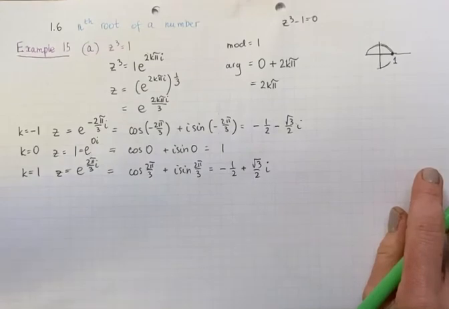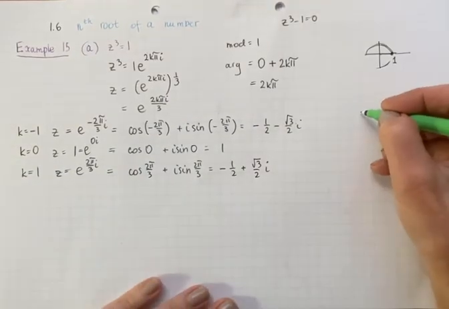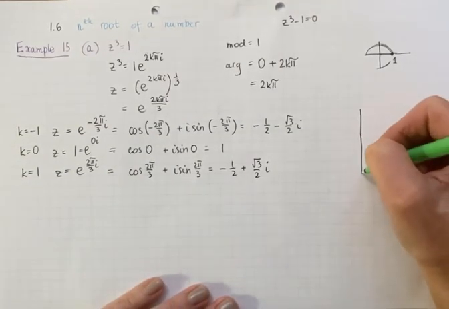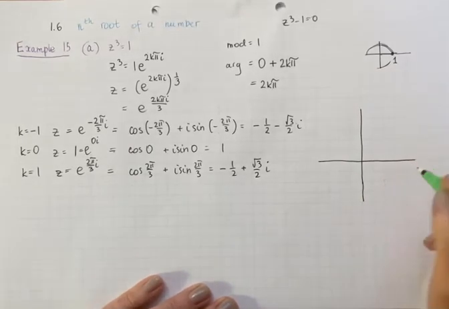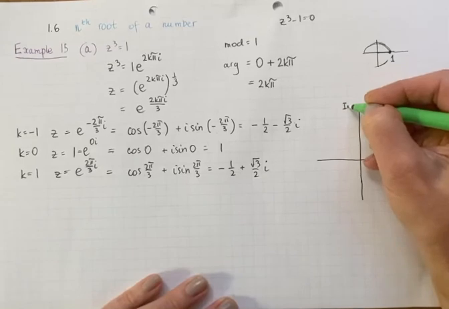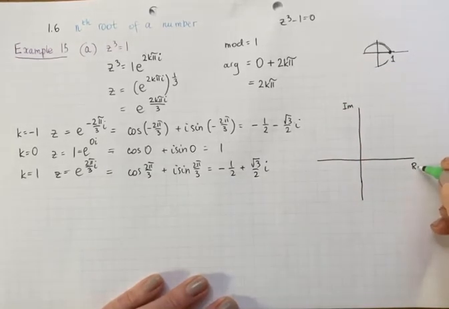Now part B, it says to represent your solutions in part A on an Argand diagram. So let's just do an Argand diagram over here. You do not need to be really accurate with where you plot the points.